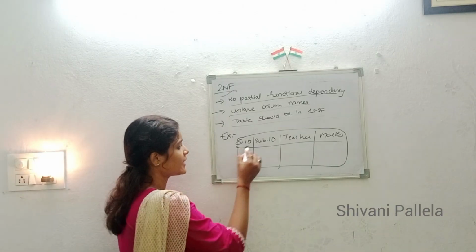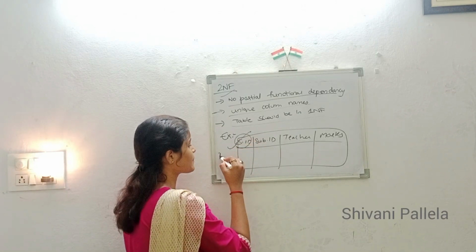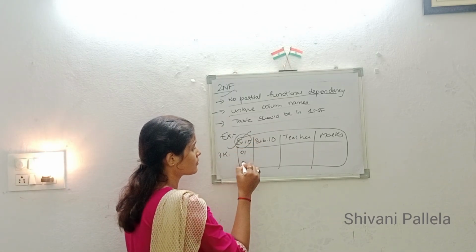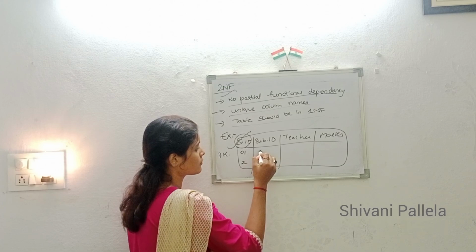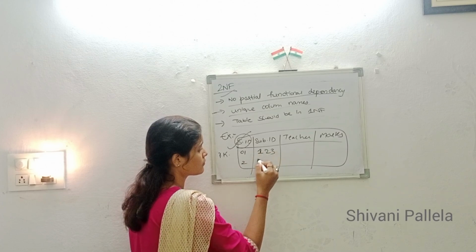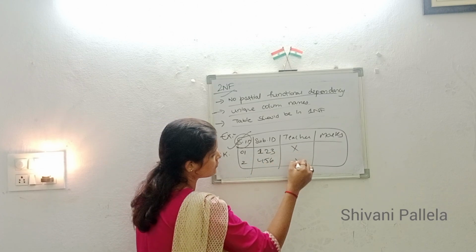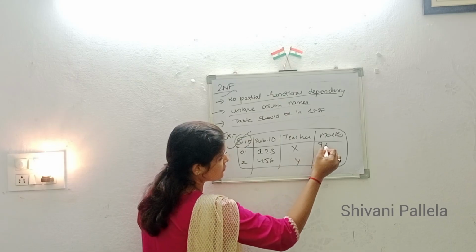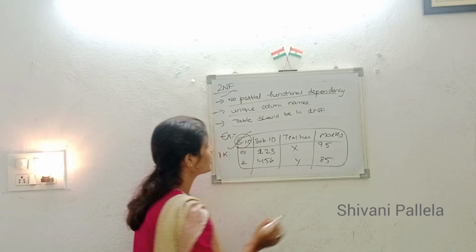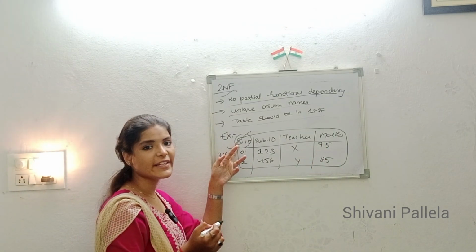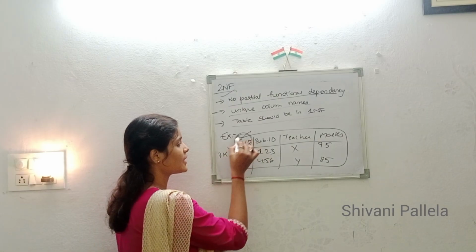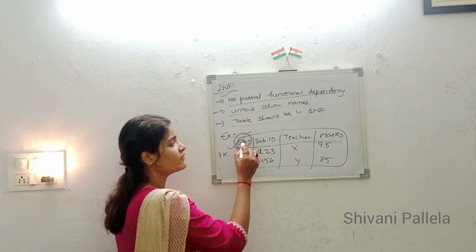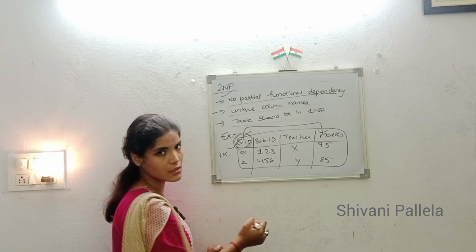If we are taking the student ID as a primary key, if we enter the student ID, we will get the student marks, right?